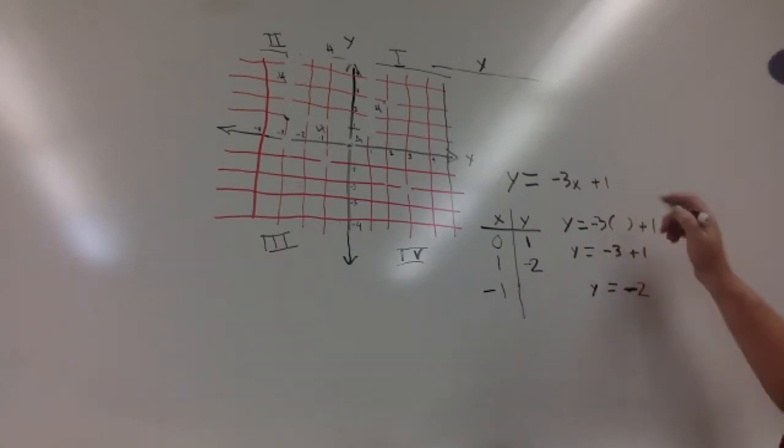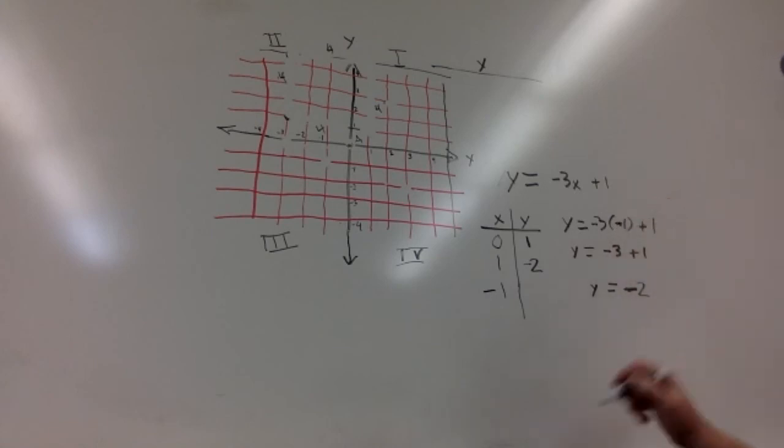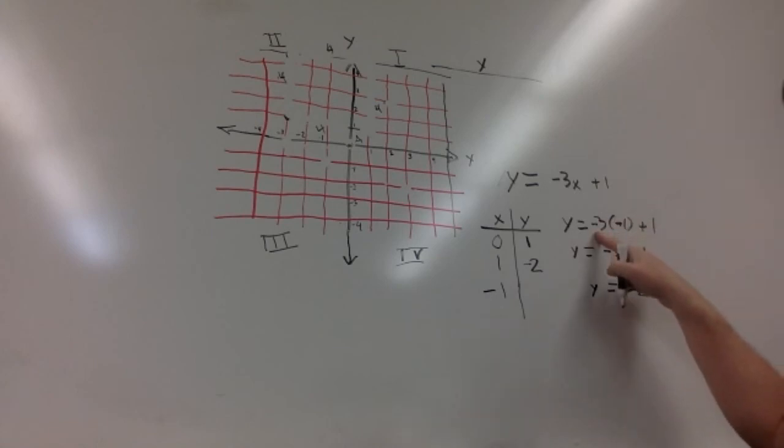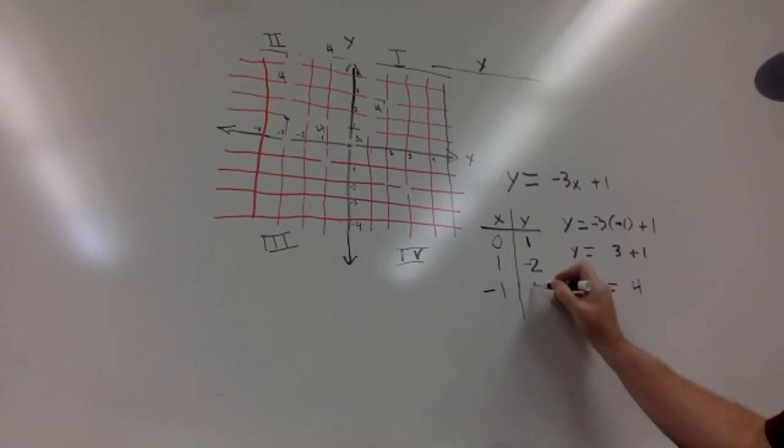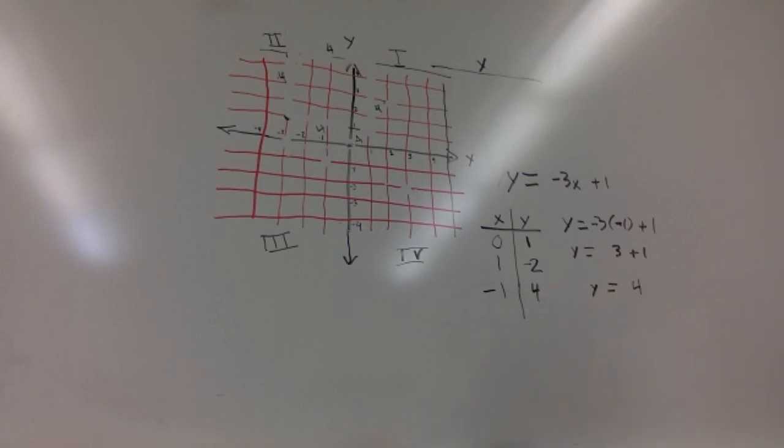Last one. Now I put in a negative 1. So when I take a negative times a negative, I end up with a positive 3 this time. 3 plus 1 gives me 4. Let me double check to make sure I did all that right.